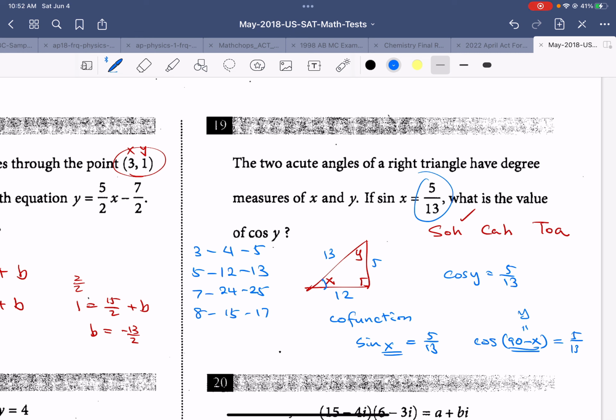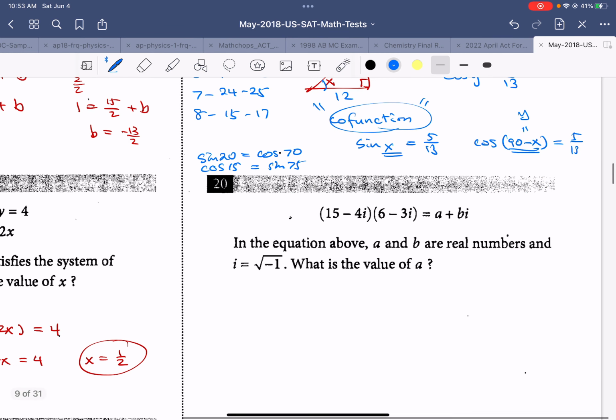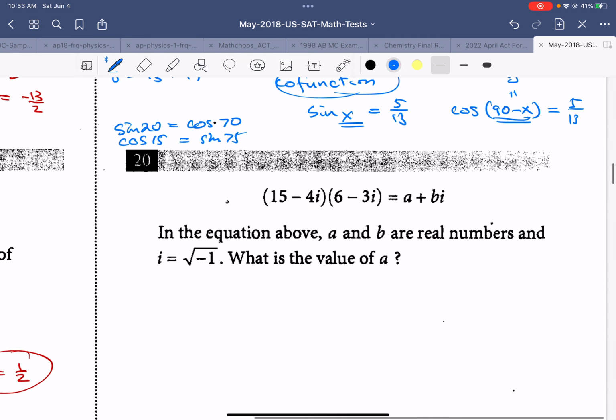Okay, so let's move on. Number 20. So these are complex numbers. So you fold it out on the left hand side and then you compare real term to real term and imaginary term to imaginary term. So when you fold it out, 15 times 6 is 90.